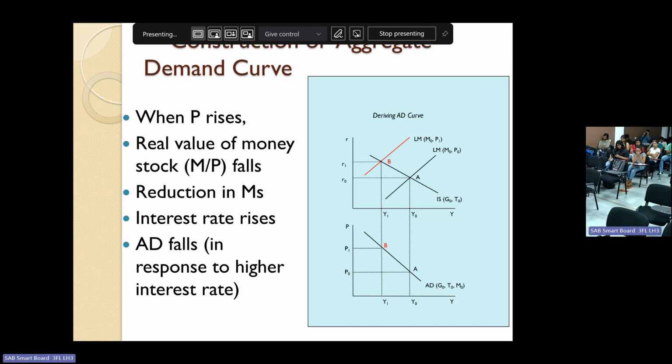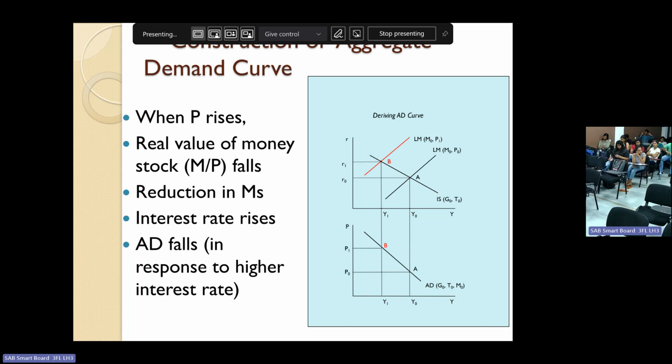We derive this one based on the IS-LM. We know that if we assume the price level increases, that changes the money balances in the economy in real terms. That will affect the money market rates.